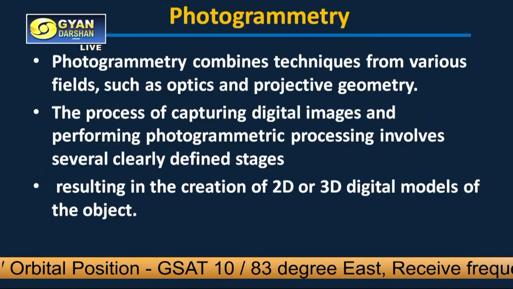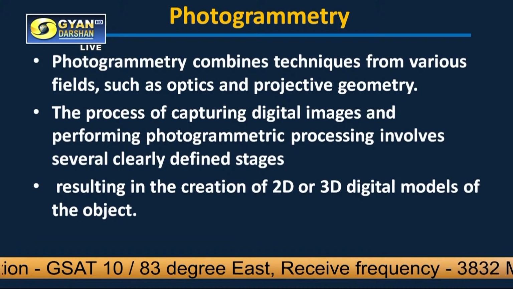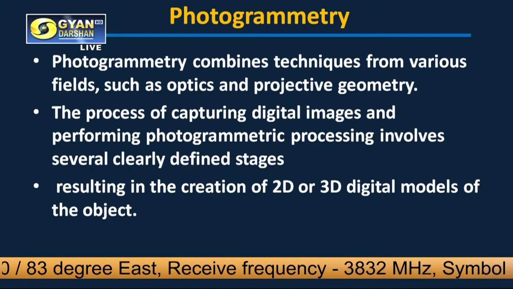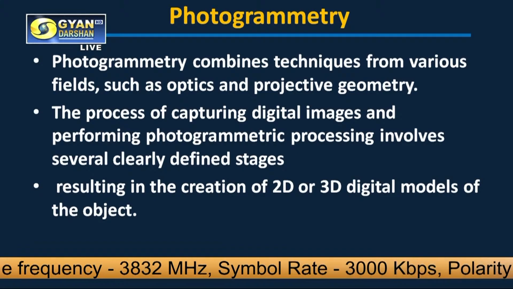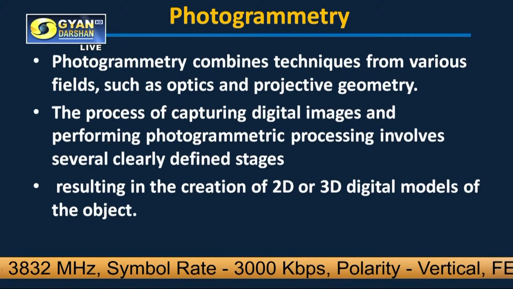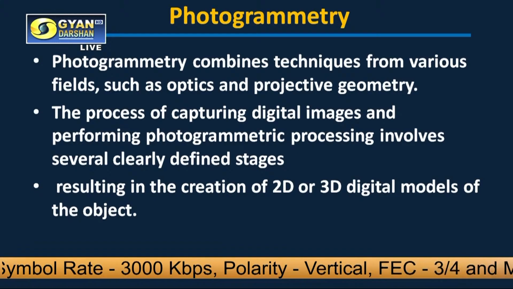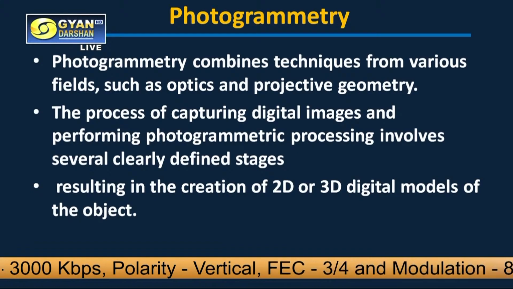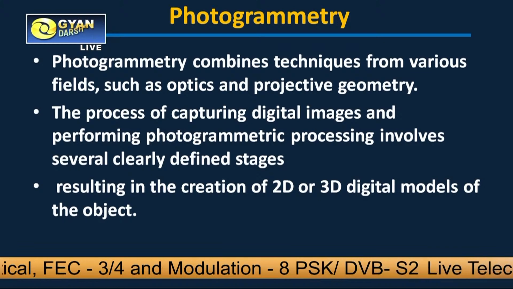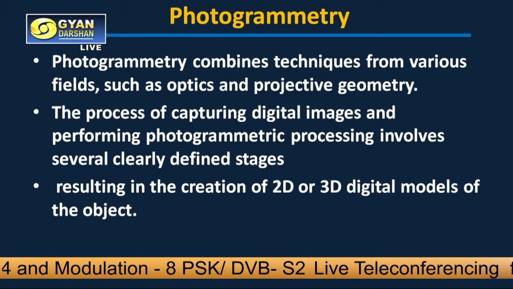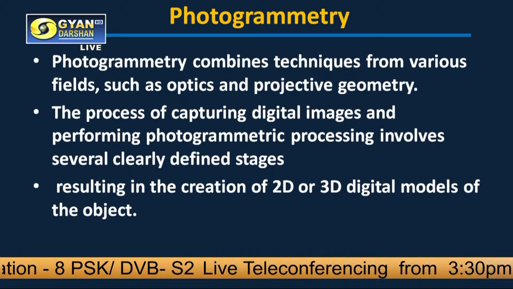It combines techniques from various fields such as optics and projective geometry. The process of capturing digital images and performing photogrammetric processing involves several clearly defined stages, resulting in the creation of 2D or 3D digital models of objects.